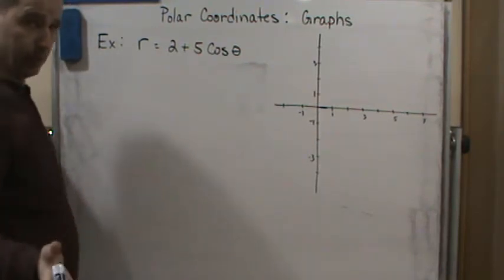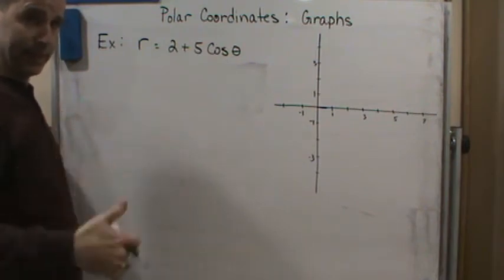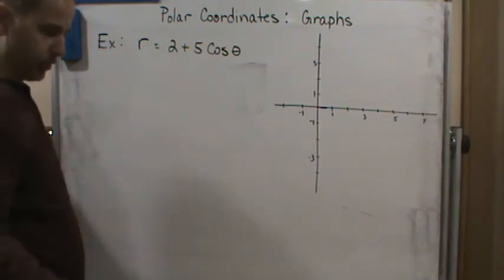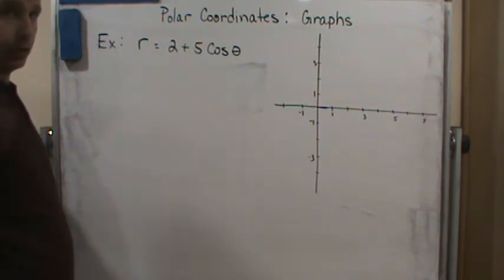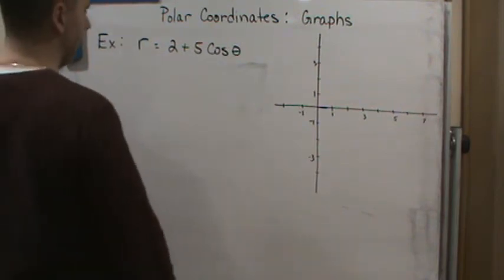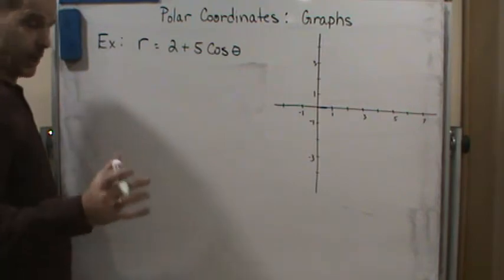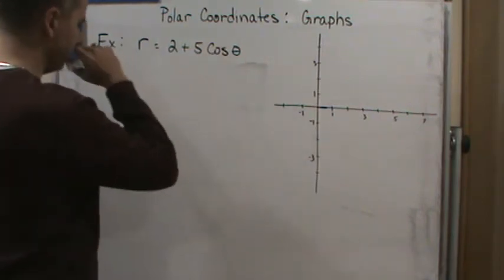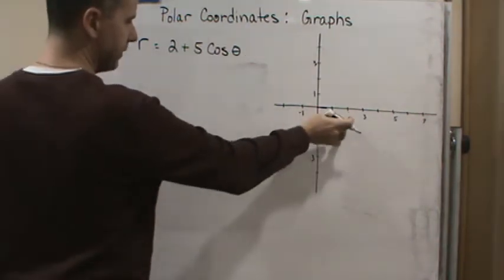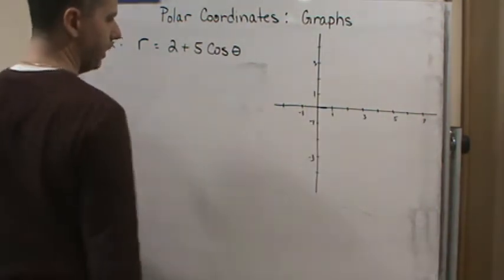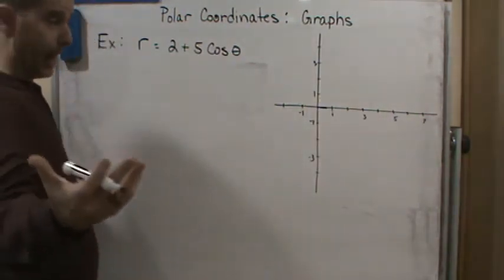Now, remember, failing the test doesn't mean that it's not symmetric with respect to theta equal to pi over 2. Just keep that in mind. But let's go on to the next one. Let's replace theta by negative theta and see if it's symmetric with respect to the polar axis.